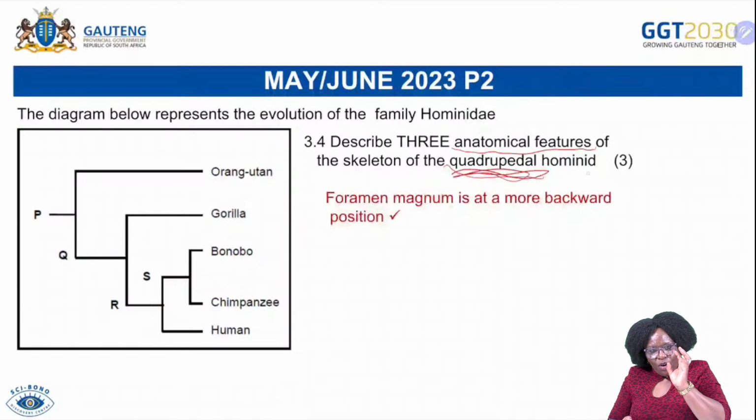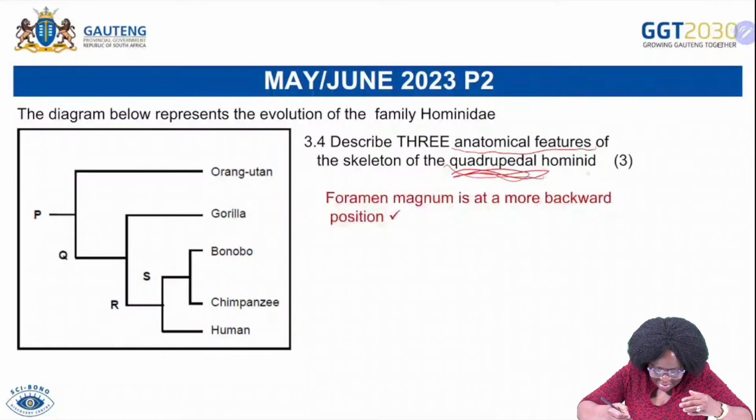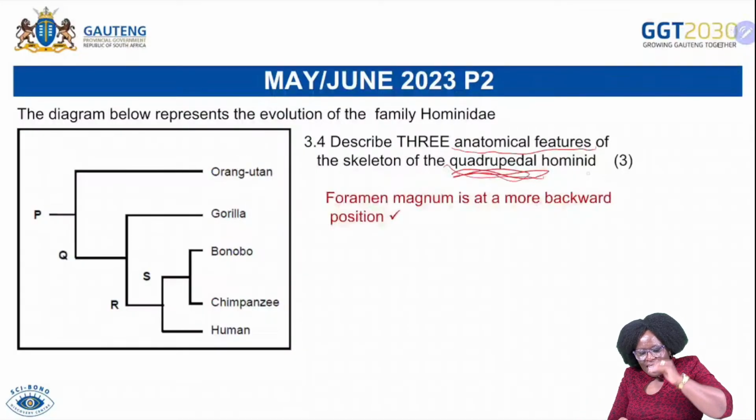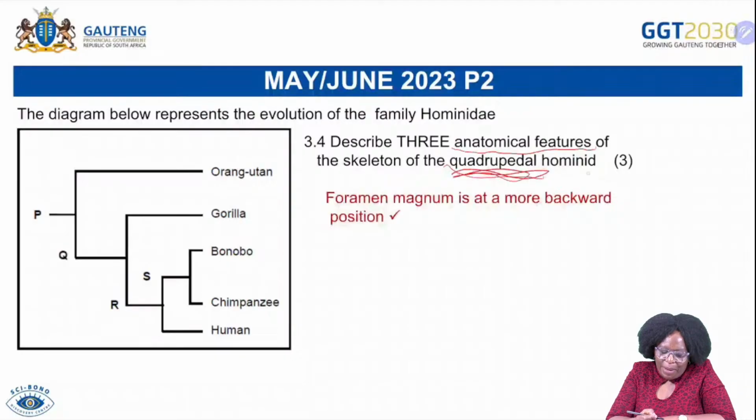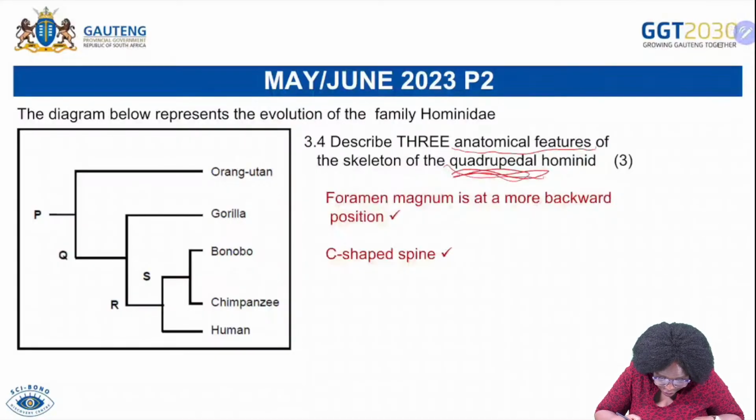That opening on the skull is at a more backwards position, meaning that quadrupedals are forced to be like this, because the foramen magnum is connecting from a more backwards position. And they have a C-shaped spine. Because they walk like this, they have a C-shaped spine.